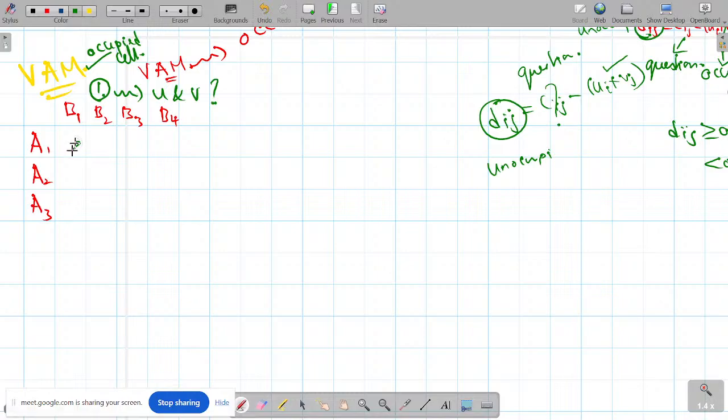This cell is occupied, so let me write 2 here, and this cell is occupied, 1 here. This 2 and this 1 are the question values; the allocation is done over here and over here. Then for A2, here it was allocated, here it was allocated. For A3, here it was allocated, here it was allocated, and here it was allocated. Hope it is okay. Can you please give your concurrence? Shall I proceed? If this is okay till here, please confirm.